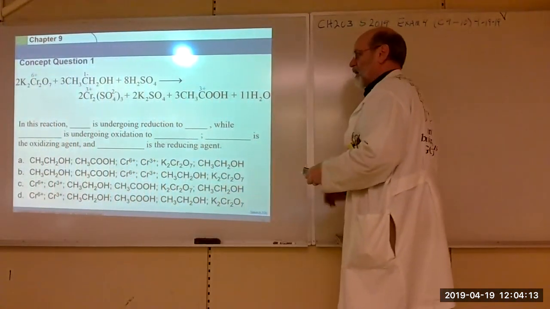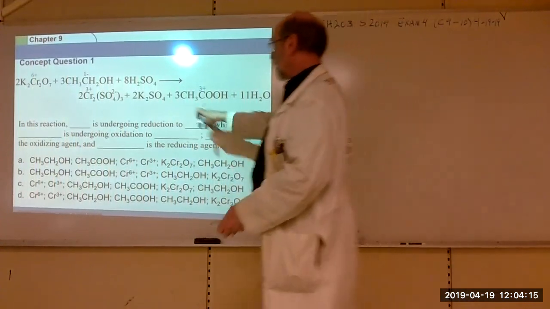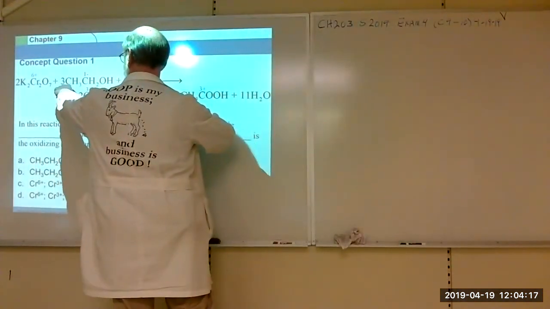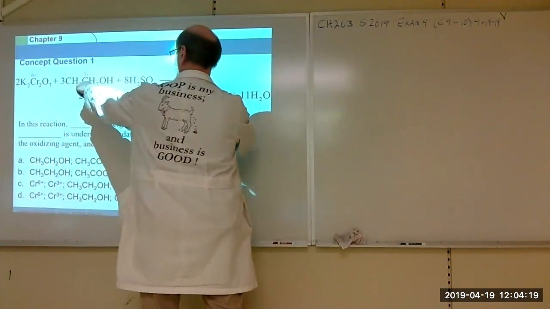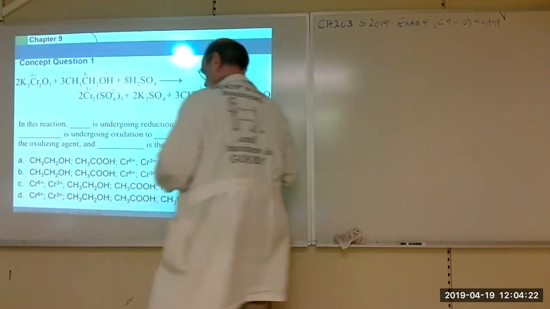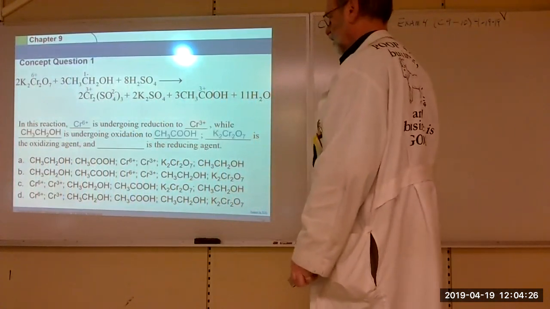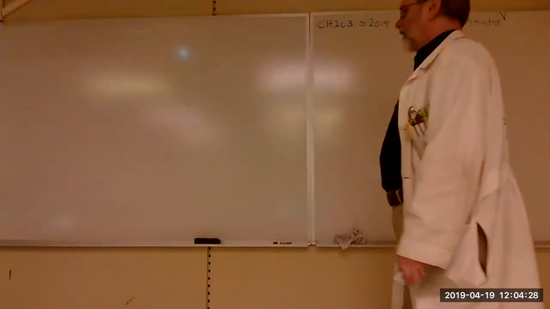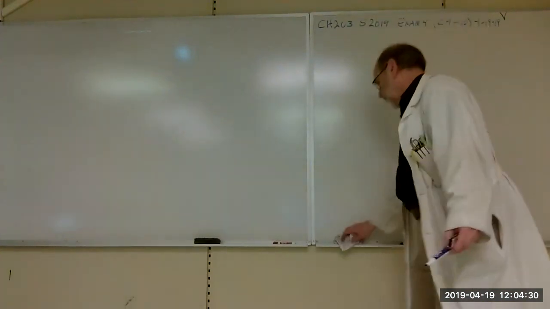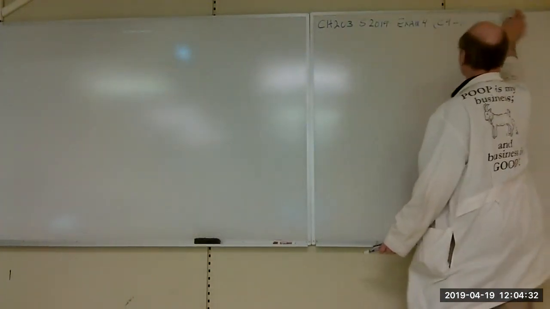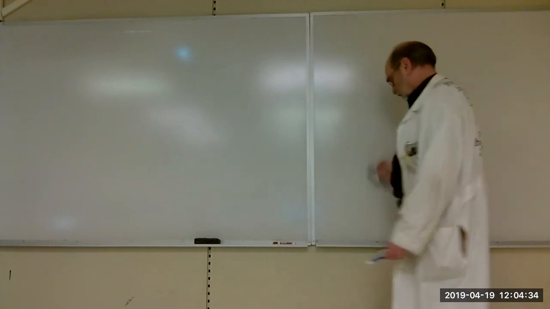So the carbon has been oxidized, that state. This carbon didn't change. It's still the same carbon as before. But this carbon did change. All right. That's probably enough for our brains for one day.